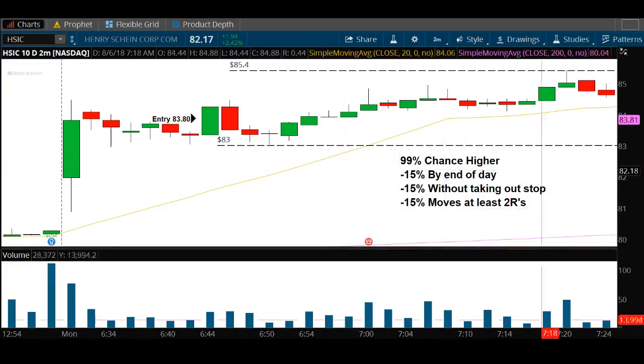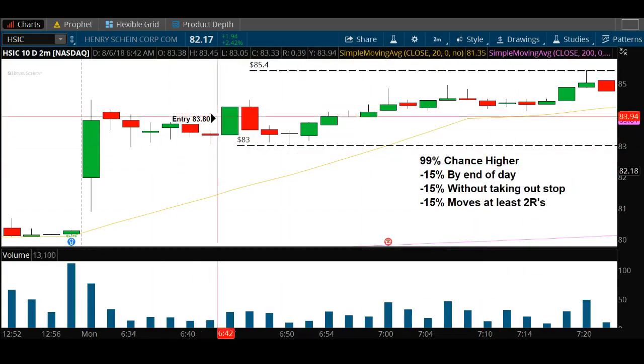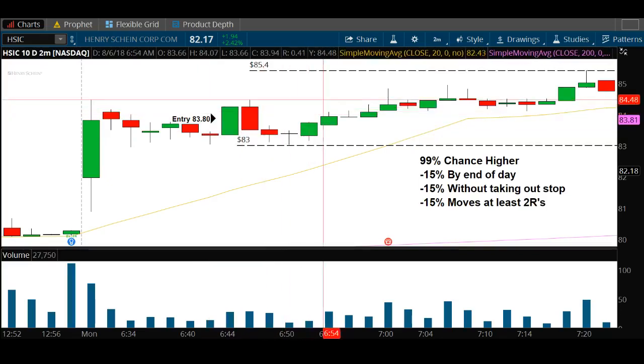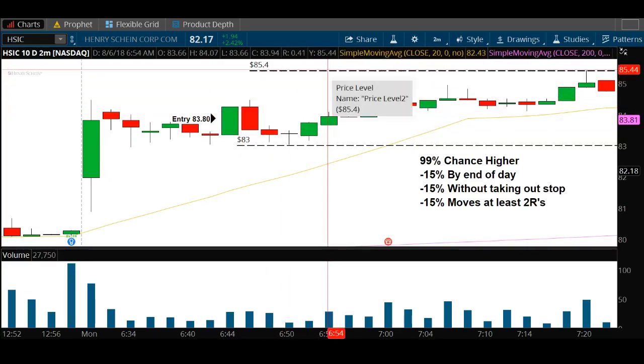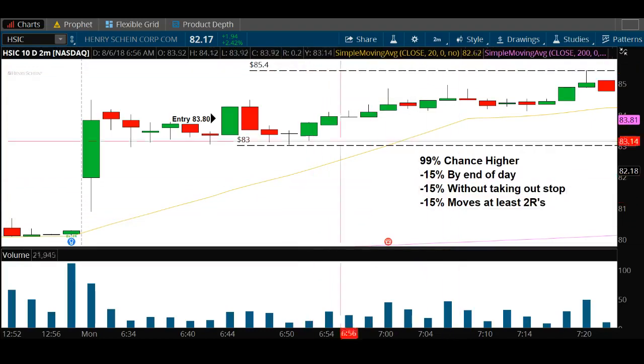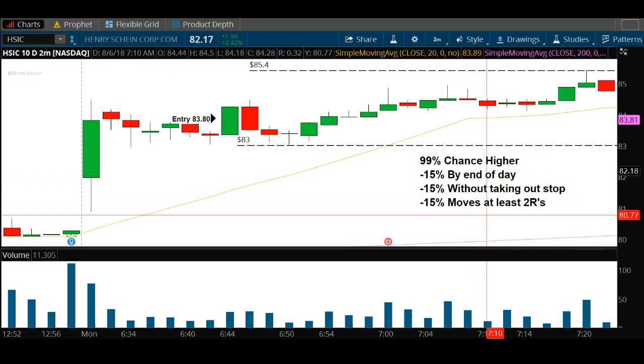So you can see, even if you believe yourself to be a very good technician, and you say, well, with this pattern, it will go higher some amount of the time. This is why a lot of analysts and talking heads will just say higher or lower, or if they give you some kind of target price, then they don't give you a time window. It's because each of those conditions that they add increases the chance that they are wrong.